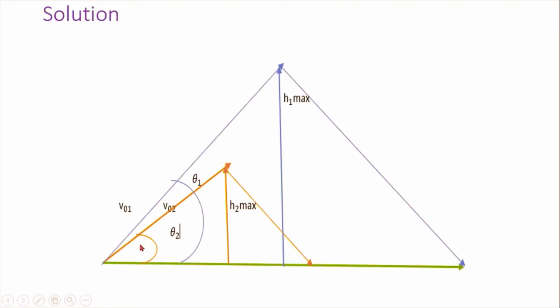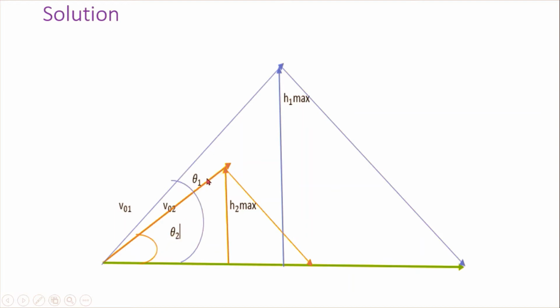Here the diagram reveals everything in the problem. V01 indicates the initial velocity of projectile 1, V02 indicates the initial velocity of projectile 2, θ1 indicates the angle of departure of projectile 1 as measured from the ground, θ2 indicates the angle of departure of projectile 2 as measured from the ground.